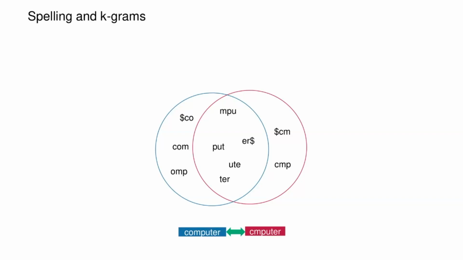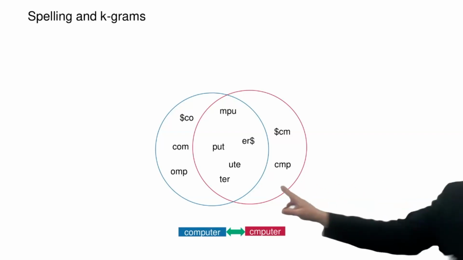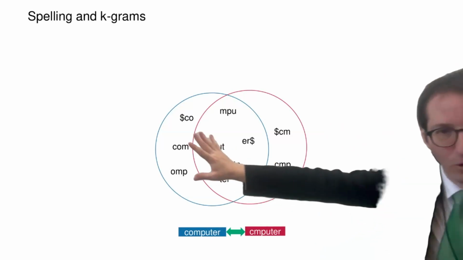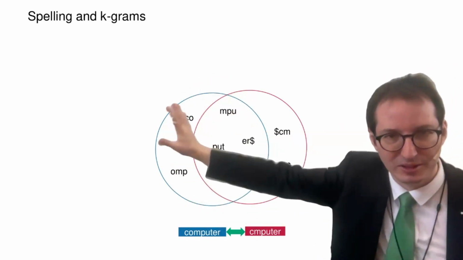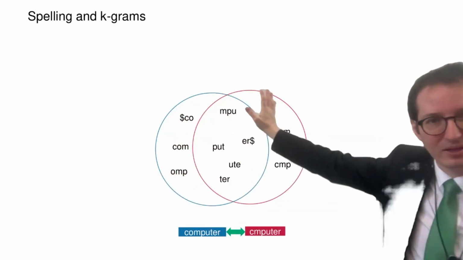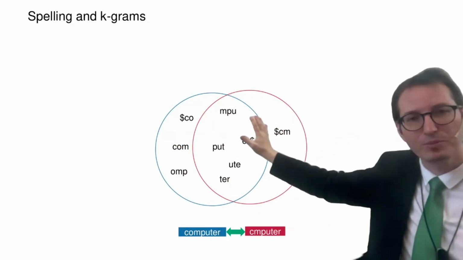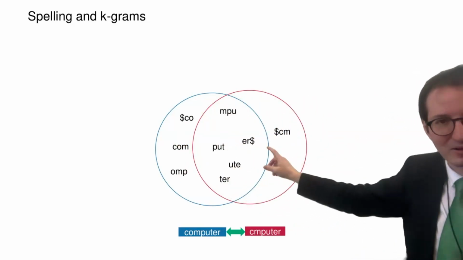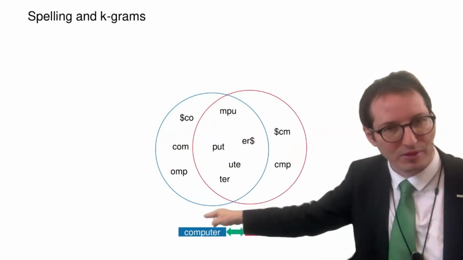Here's an example with the mistake "computer". You forgot the O. And so you want to see, could it be that the correction of the misspelled word is computer? So you have all the k-grams of the misspelled word in this part of the Venn diagram. Then you have all the k-grams of computer on the right part. These are the ones that are in both, that they have in common.